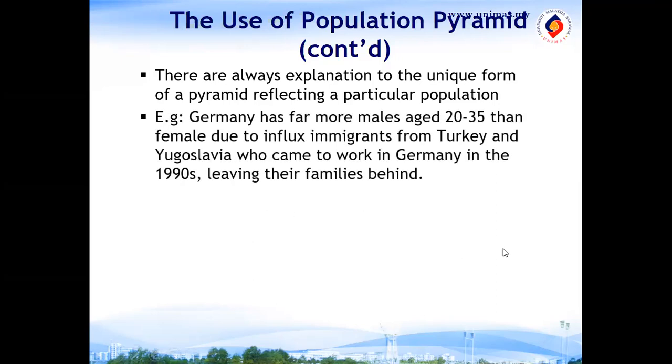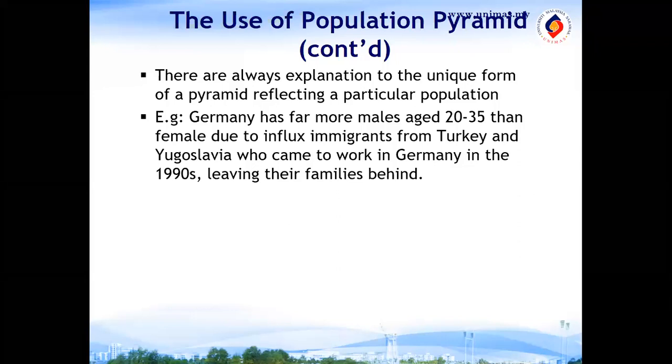Another example, Germany has more males aged between 20 to 25 compared to female. And normally it's about the same kan. Tapi it so happened that in Germany, the age group of this 20-35, these are young working age group. This is the result of the influx of immigrants, migrants yang datang daripada Turkey, datang daripada Yugoslavia, who came to work in Germany in the 1990s, and they left their families behind.